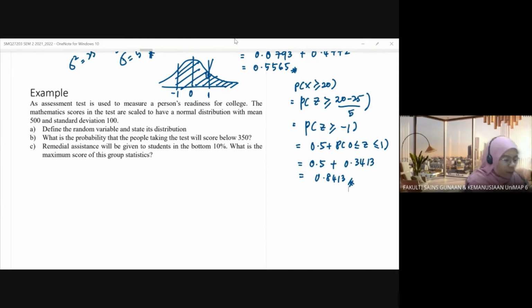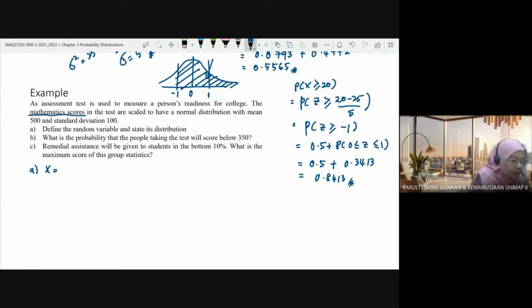So for A, x is equal to the mathematics score, the math score in the test. That will be your random variable x, how we define that.